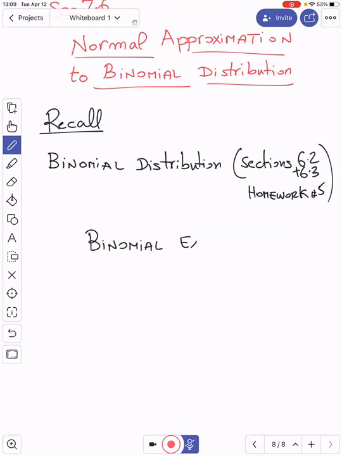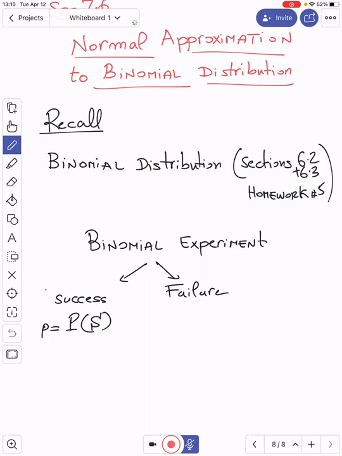In a binomial experiment, we have two outcomes, either success or failure. P is the probability of success, capital S, and capital F stands for failure. Q is the probability of failure, and that's always 1 minus P. There is n, the number of trials.